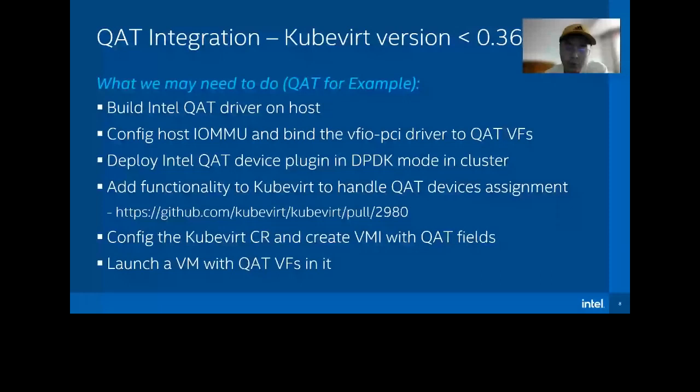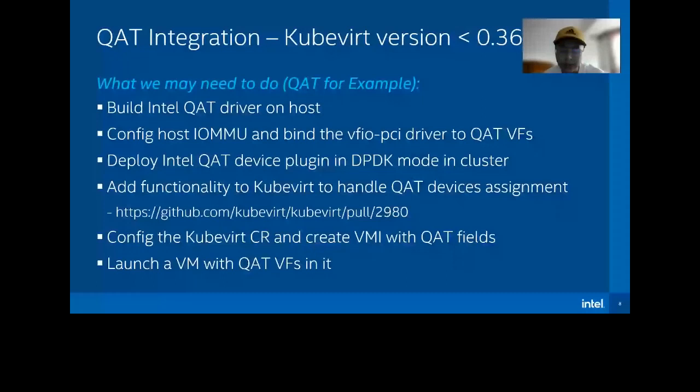And there is a lot of code work to add functionality to KubeVirt to handle the QAT device assignment. This is the PR I submitted, which we no longer need. Then we need to configure KubeVirt to create a VMI with QAT-specific fields and launch a VM with QAT VFs in it. It is a lot of work.